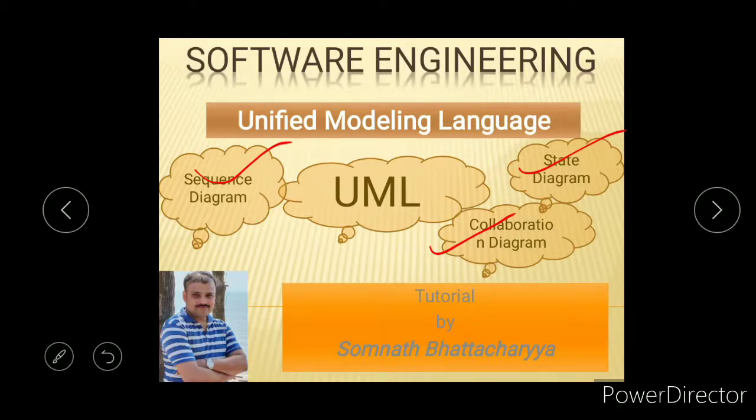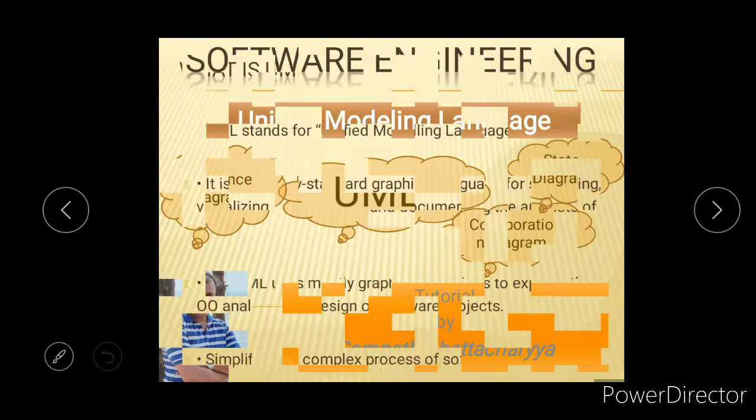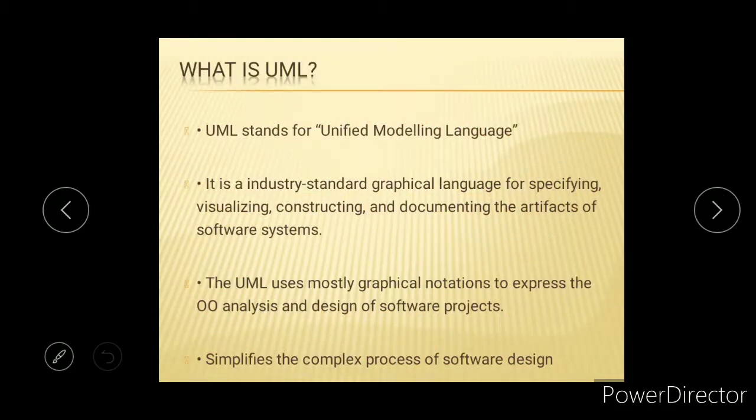Okay, now let us concentrate on these three diagrams. Those are sequence diagram, collaboration diagram and state diagrams. Now before going to discuss regarding those diagrams, let us see in short what is UML. UML stands for Unified Modeling Language.